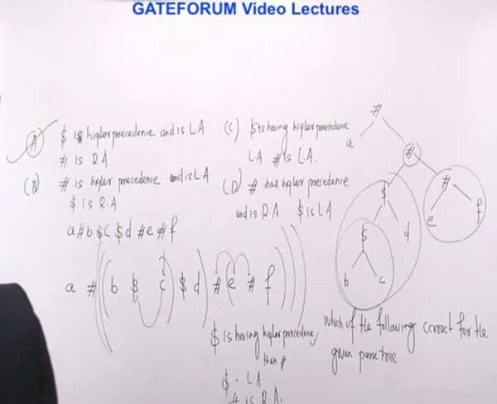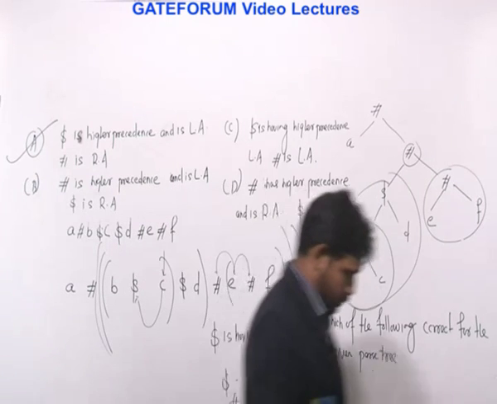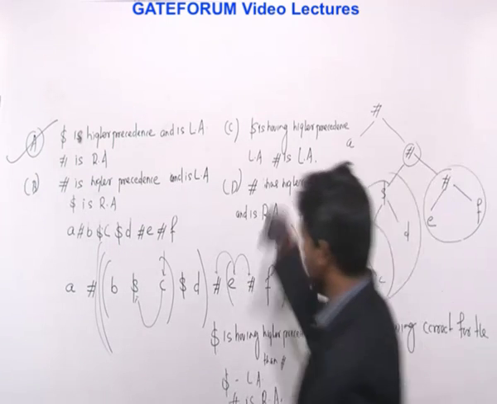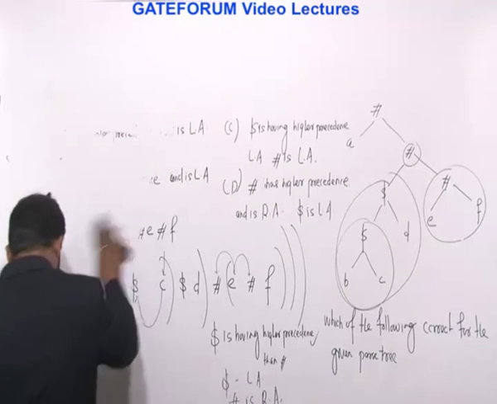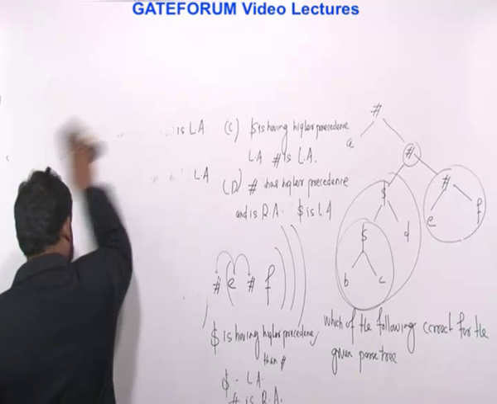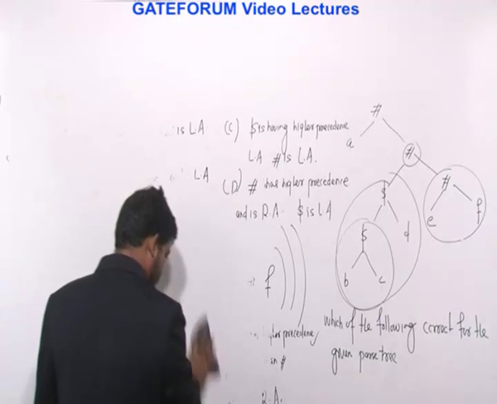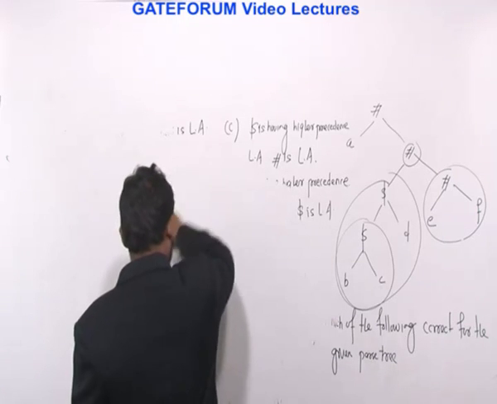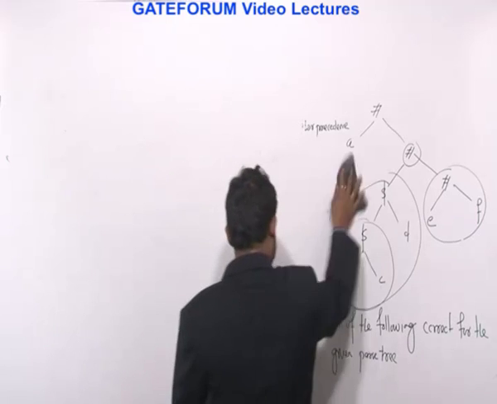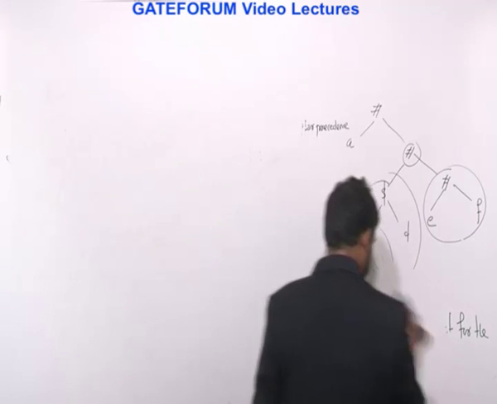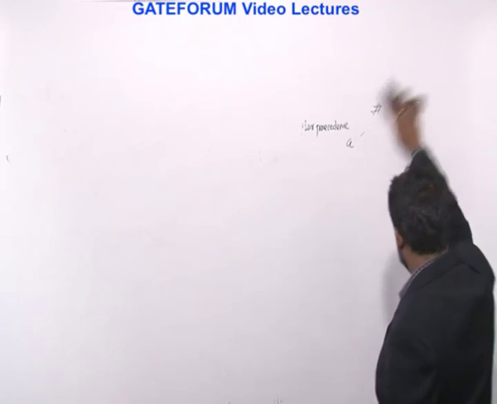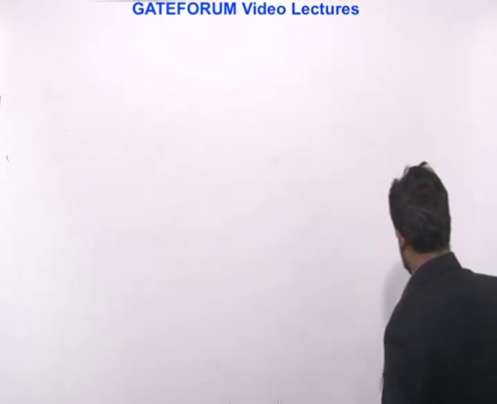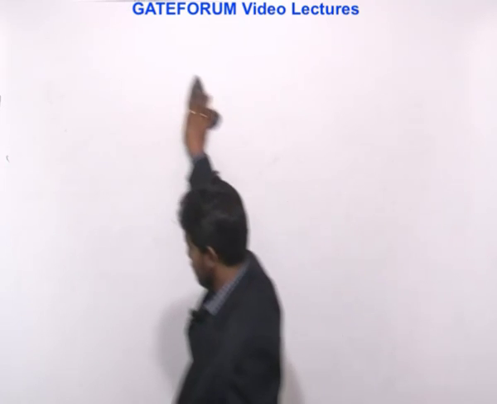So we are done with this part, that is called precedence and associativity rule.